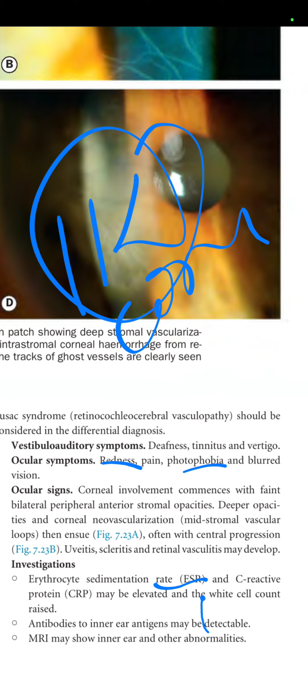And what are the ocular signs? Corneal involvement commences with faint bilateral peripheral anterior stromal opacities. Deep opacification and corneal neovascularization, mid-stromal vascular loops, ensue often with central progression. Uveitis, scleritis, and retinal vasculitis may develop.